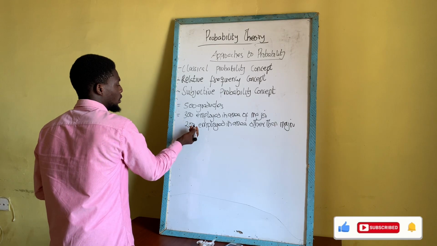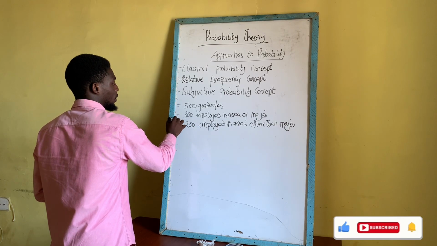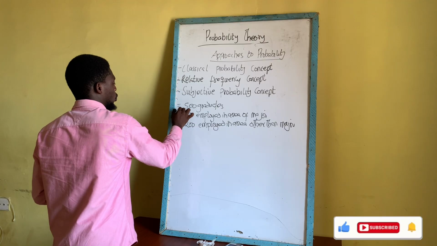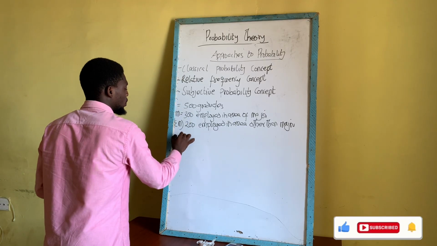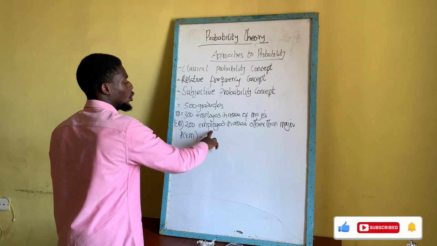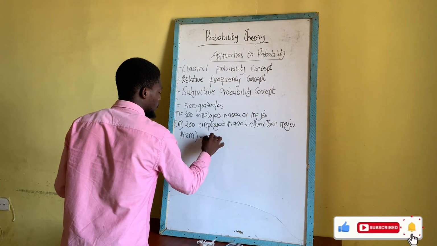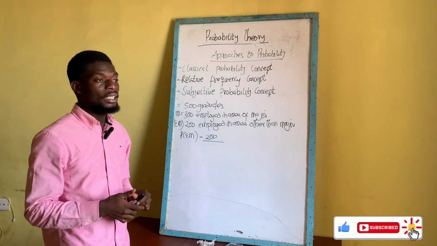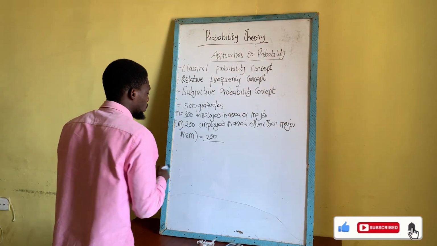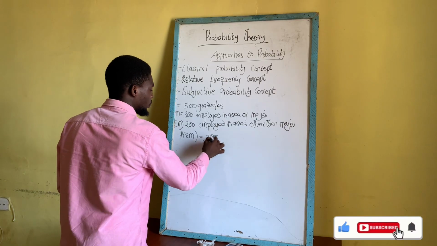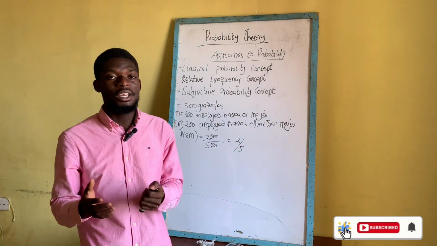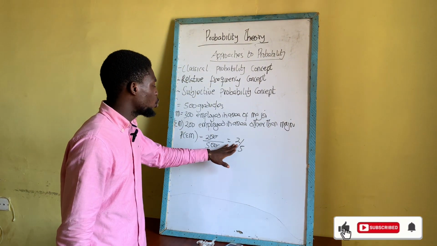the probability of students employed in an area other than their major as P of EM, where M is major. So the probability of students employed in an area other than their major is the number of students employed in an area other than their major, which is 200, out of the total number of possible outcomes, that is the total number of graduates that year, 500, which gives us 2 out of 5. So the probability becomes 2 out of 5.